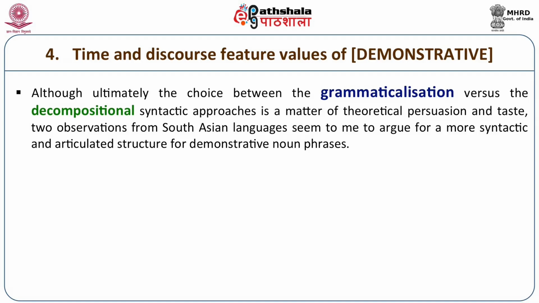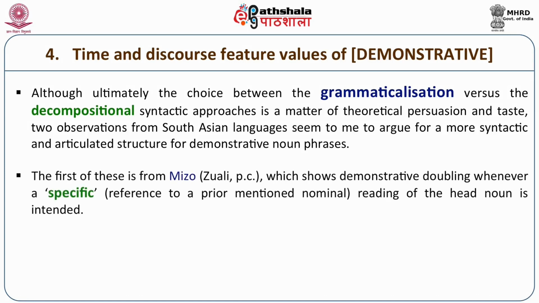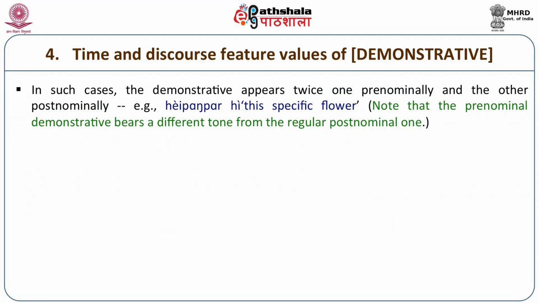Two observations from South Asian languages seem to me to argue for a more syntactic and articulate structure for the demonstrative noun phrase. The data for this particular set of observations comes from Mizo, which has an unusual pattern of demonstrative doubling whenever a specific reference to a prior mentioned nominal reading of the head noun is intended. In such cases, the demonstrative appears twice, once prenominally and once postnominally.